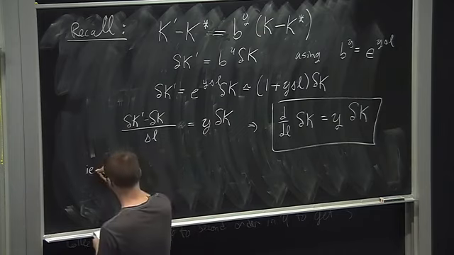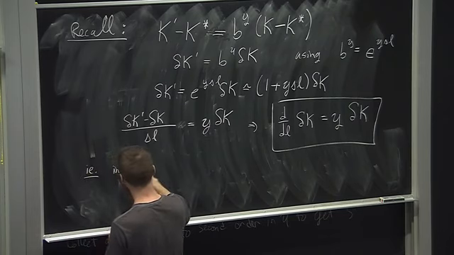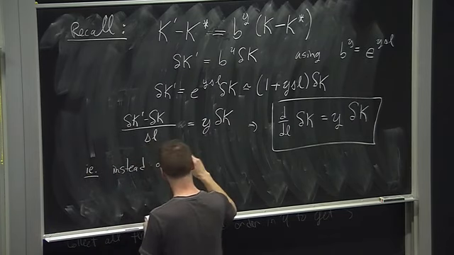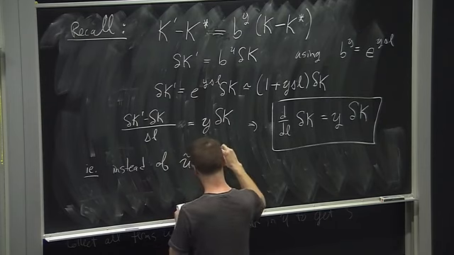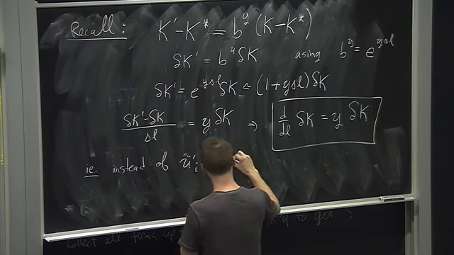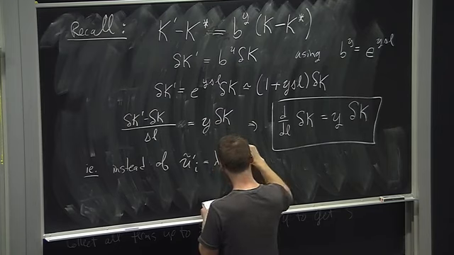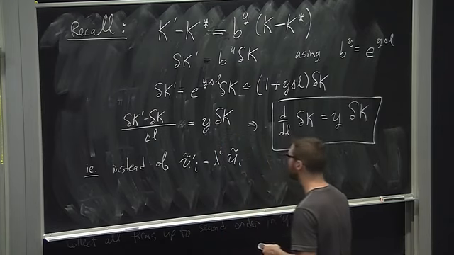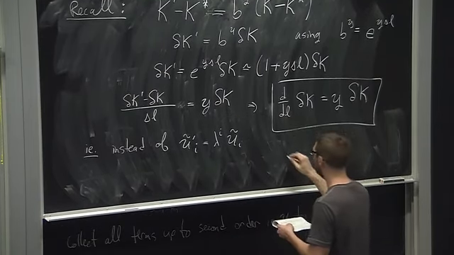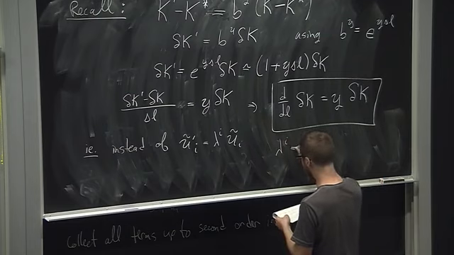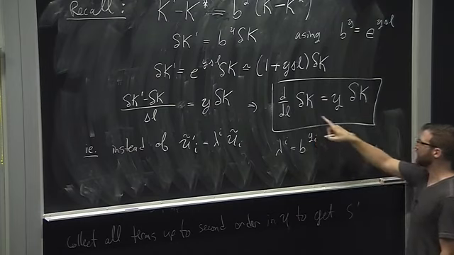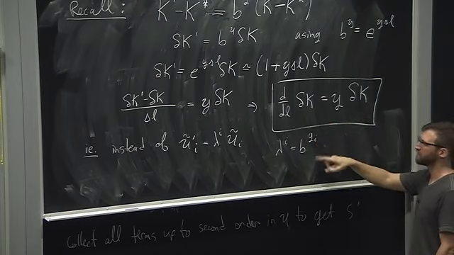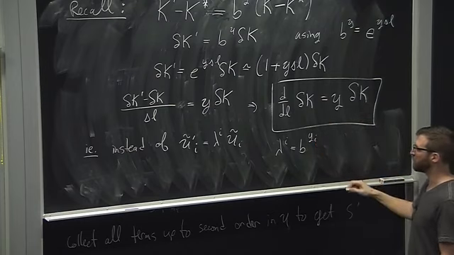So I call these things u. These are eigenvectors and lambda i, where lambda i was like b to the y i. Right, so there's one equation for every, well, two equations in that case, one for every eigenvector.